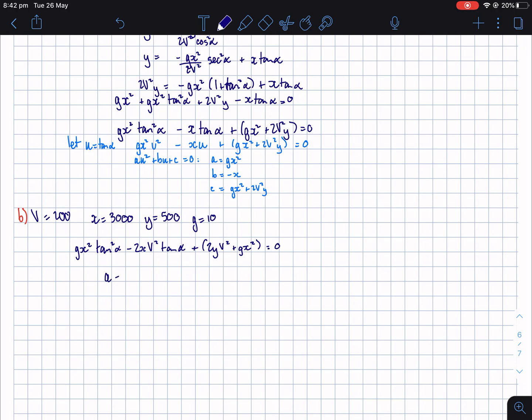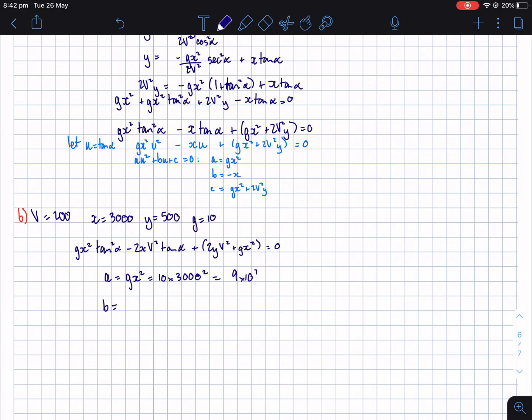My a in the quadratic formula is gx squared, which is 10 times 3,000 squared, which is 9 times 10 to the 7.